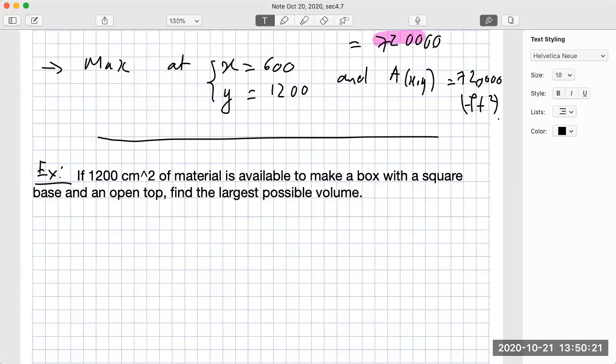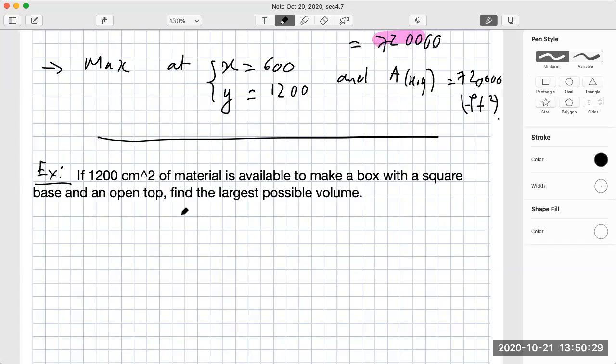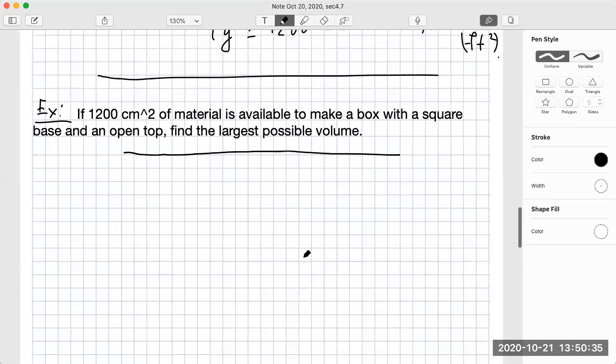Okay. We have the given material. We want to build a box with square base and open top. Find the largest possible volume.